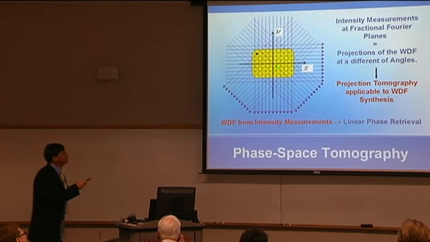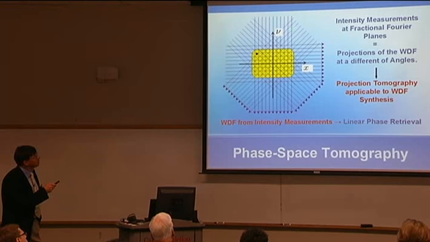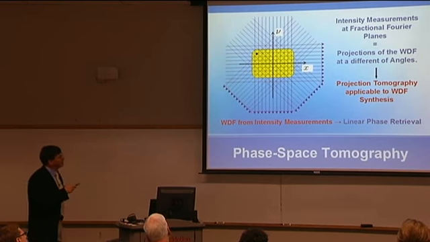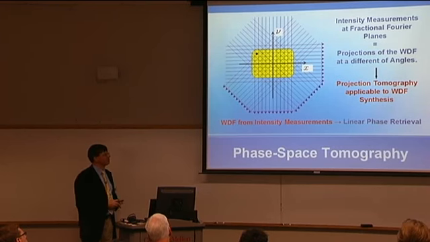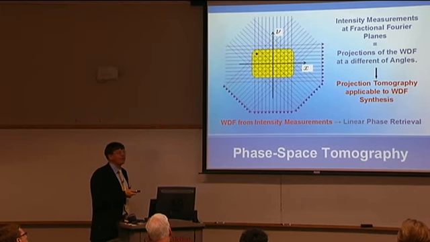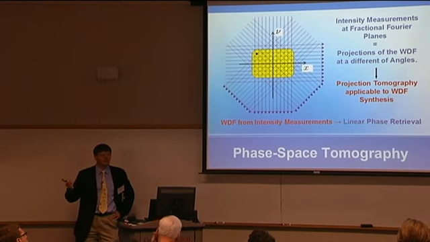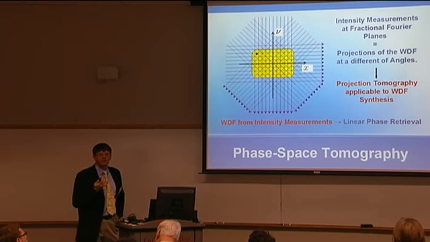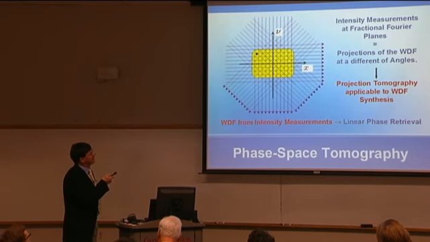And what we end up with is a situation where this is phase space, and we get projections from all directions. And now it is a small step to use the concepts of projection tomography, a linear operation, to recover phase space, and from phase space, whatever we want, the irradiance distribution or the coherent signal. There are a few remarks to be made.